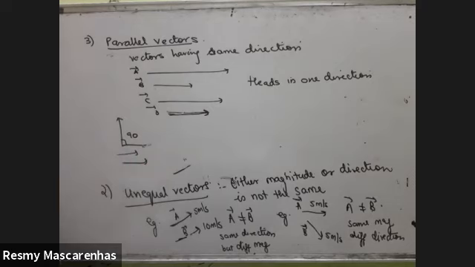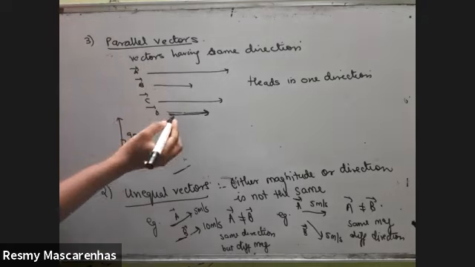Just guess what it would be. How much would be theta between any two parallel vectors? Just answer. It could be right, it could be wrong, doesn't matter. 0. Yes, very good. It is 0.